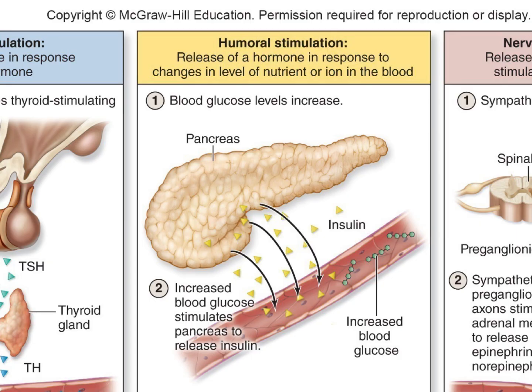This is one of these lovely humoral stimulations. I'm going to use it as a hormone in a different way. So you drink a lot of water. What's the eventual outcome? Right, you produce more urine. So water levels go up in the blood, and your blood volume increases.